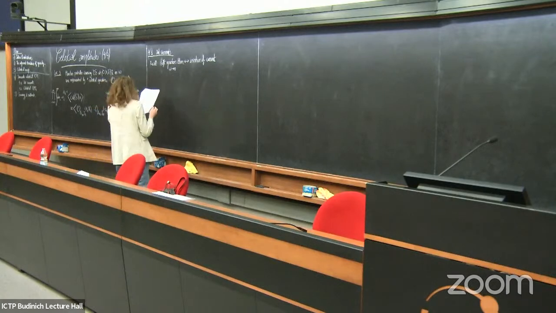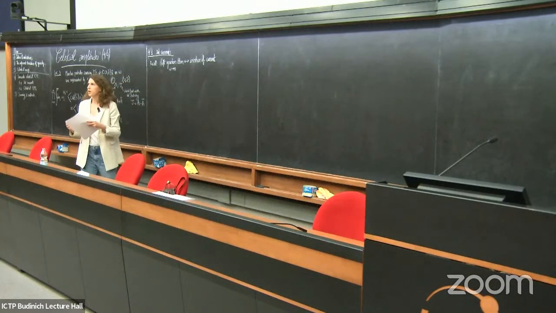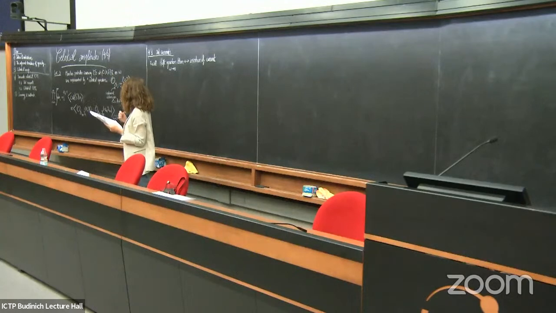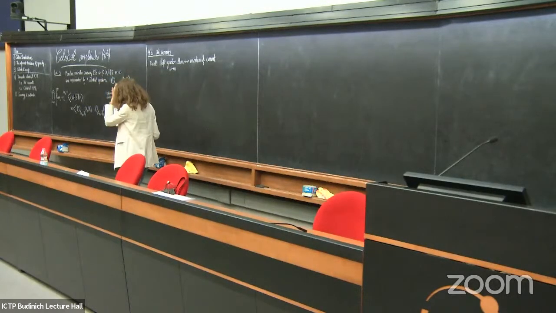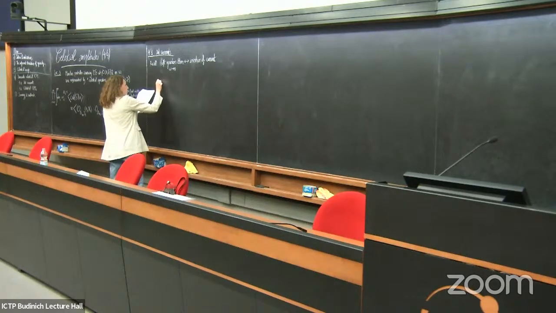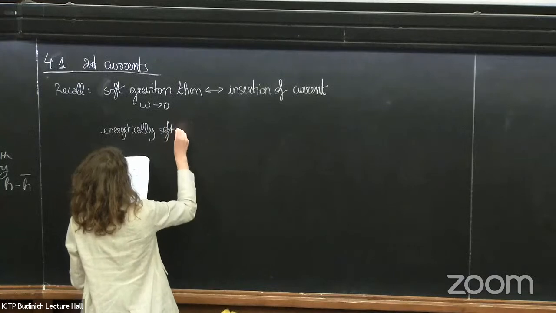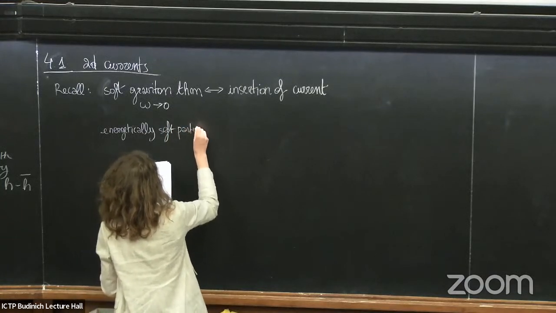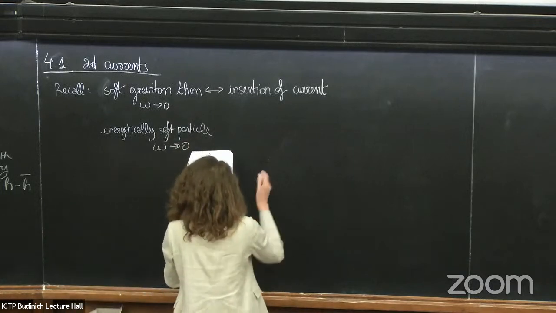Well, what people have come to realize is that there is an analogous, or if you want, a dual formulation of softness in the celestial basis. Before, an energetically soft particle amounted to taking the energy to 0.